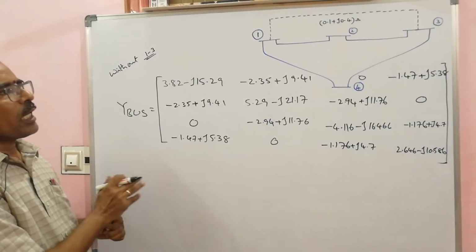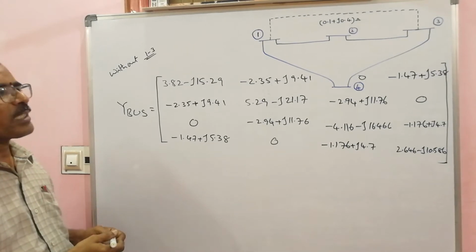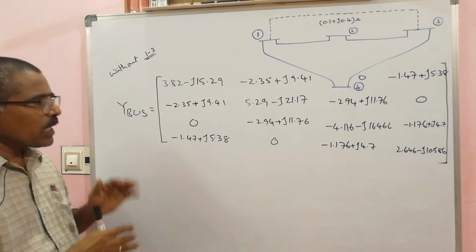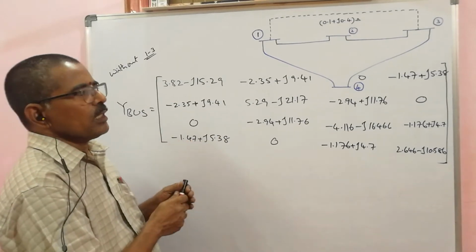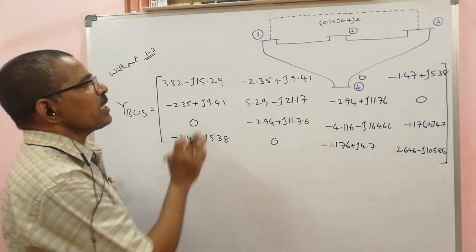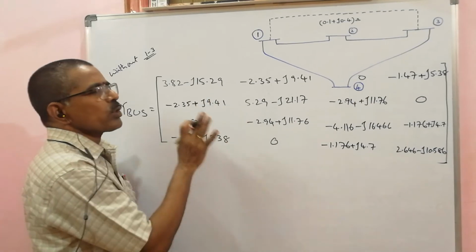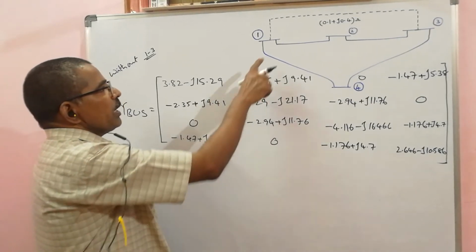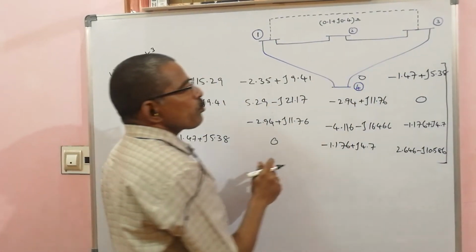When a line between bus 1 and bus 3 is added, what are the new values, or which elements are affected? Whenever a line is added, 4 values need updating. So what are those 4 values? It is getting added between 1 and 3.